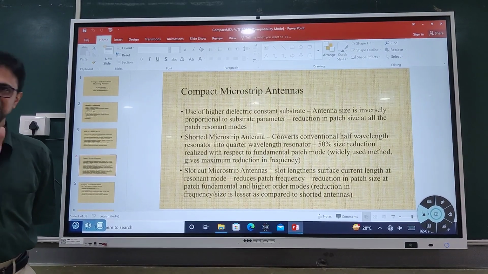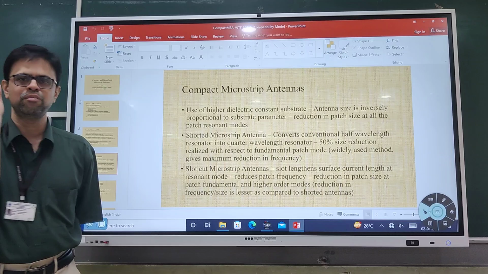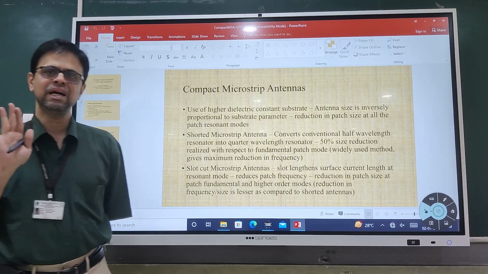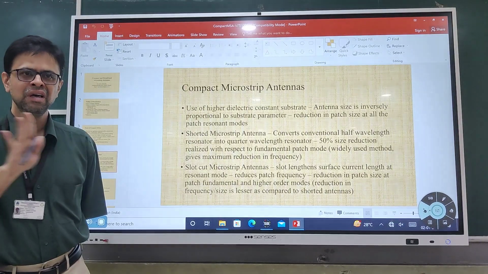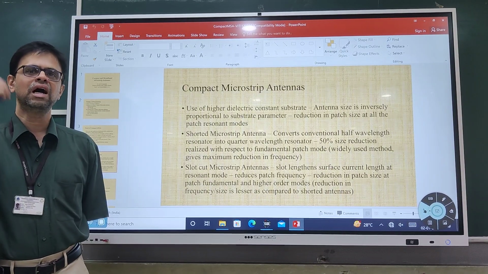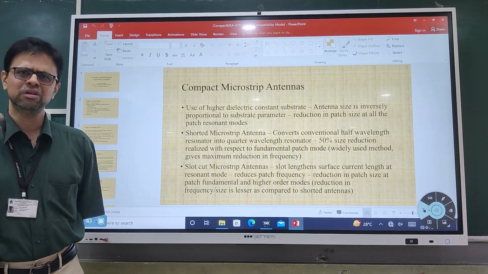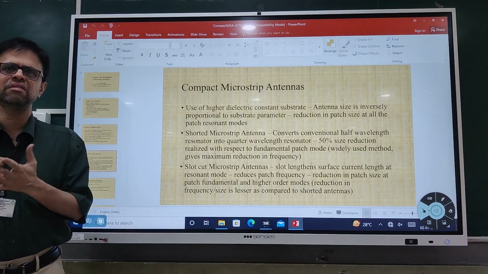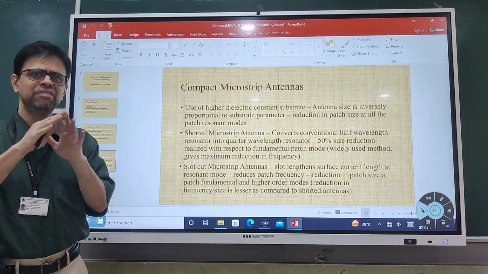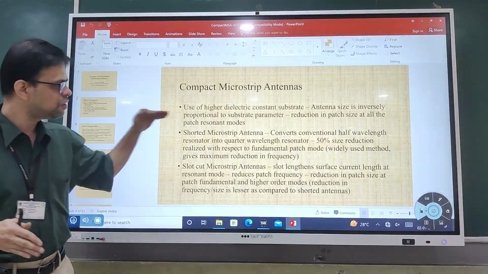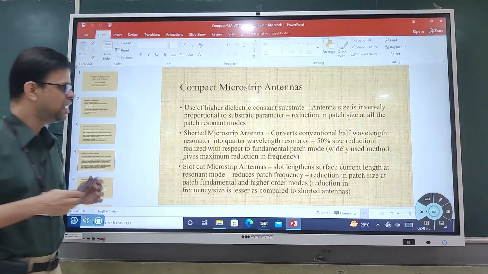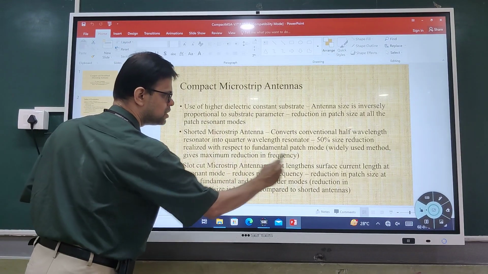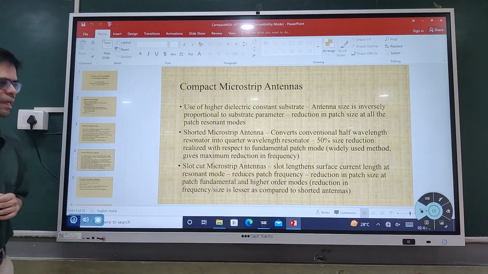Remember, this is very important for the concept: compact antennas are always realized with respect to the fundamental mode of operation. Rarely do we do it for the higher order modes, because at higher order modes, eventually the size of the antenna with respect to the frequency will get reduced. So the main emphasis of compact design is always on the fundamental mode, and that's why it is realized with respect to the fundamental mode only.